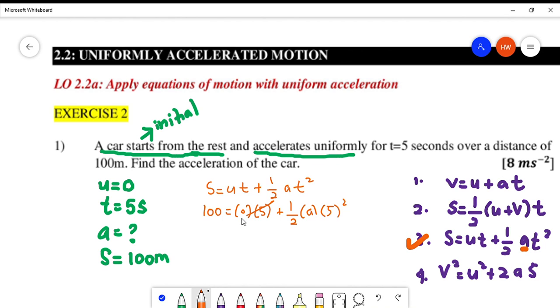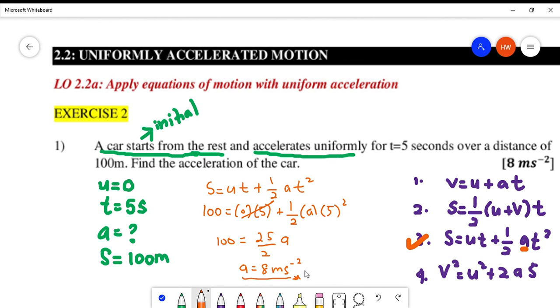Okay, then baru saya potong. So what left is 100. Okay, 25, half 25 divided by 2, over 2 A. So kita akan dapat A equals to jawapan dia 8 ms negative 2.